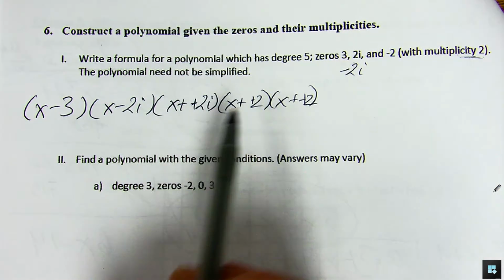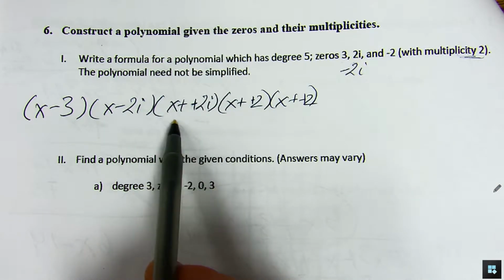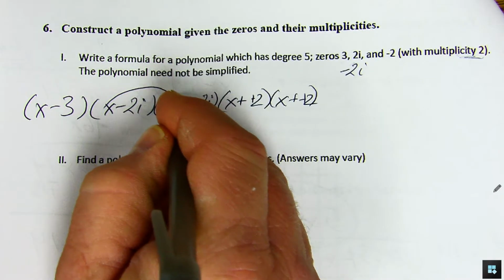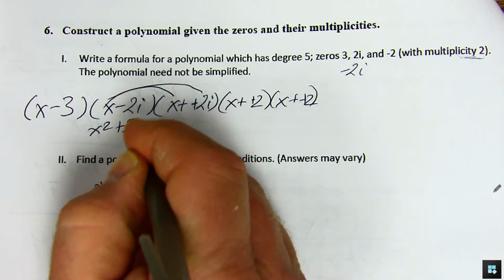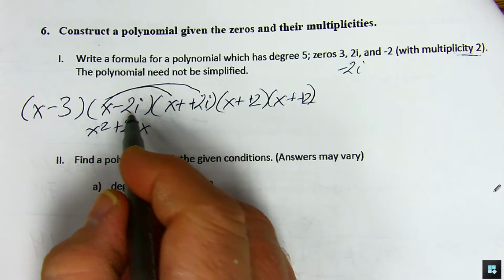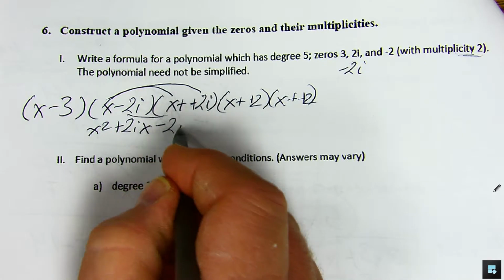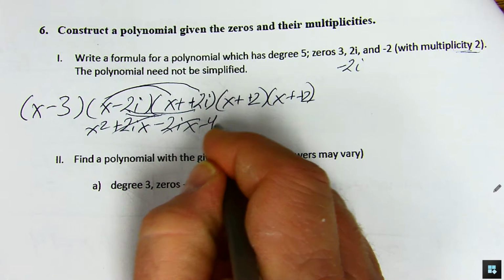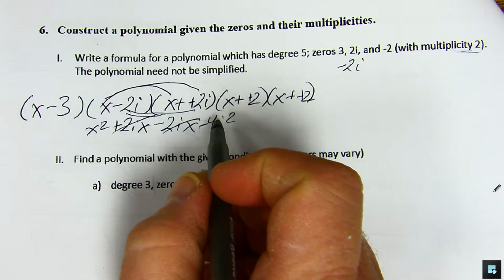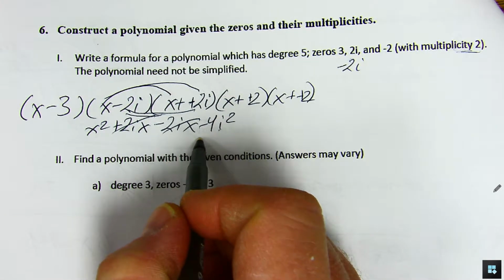Now, always multiply the ones that have opposites first because things will cancel. So x times x squared plus 2ix, minus 2ix, because there it goes, it cancels, minus 4i squared, and i squared is negative 1, so a negative 1 times a negative 4 is a positive 4.